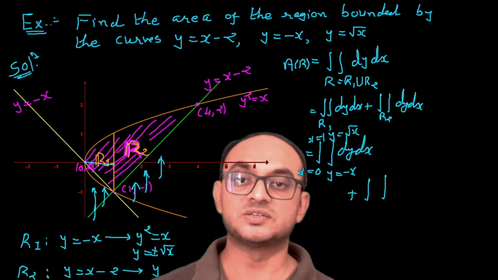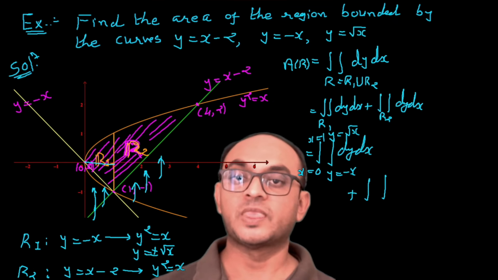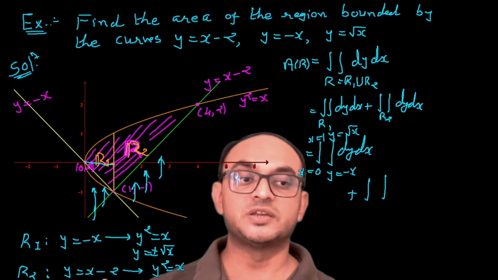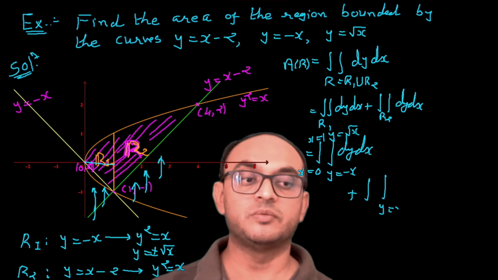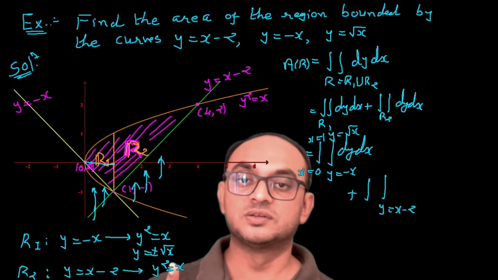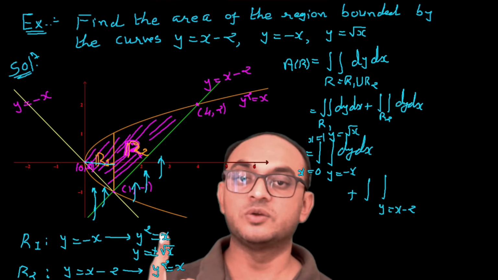So our exit is this, y square is equal to x. As you know, we are still in the first quadrant. So y is equal to x minus 2 becomes my lower limit and y square equal to x.